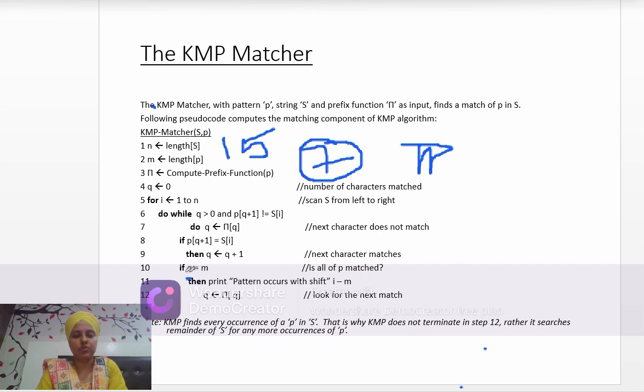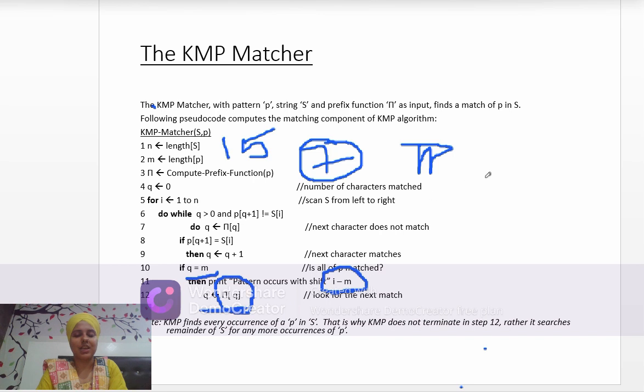Now if q is equal to m, what is m? The length of the p. If it is equal, then we will be printing the value of I minus m. And then how do we find the next match? We find the next match with the help of the prefix function.